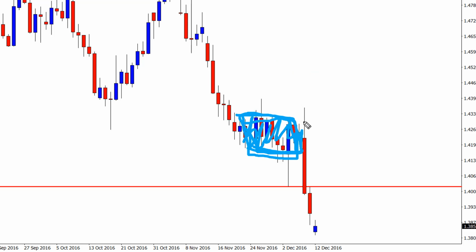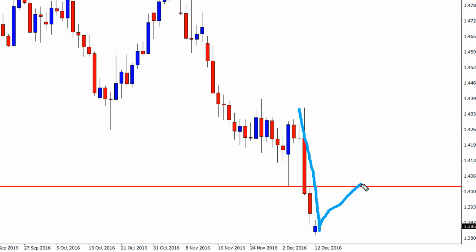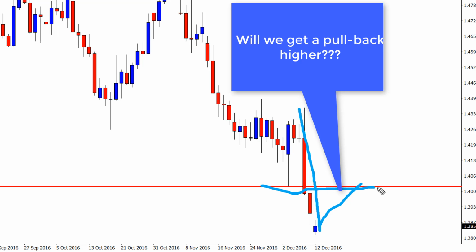That's what happened here. And that's why I'm now looking for a potential breakout and quick retest.